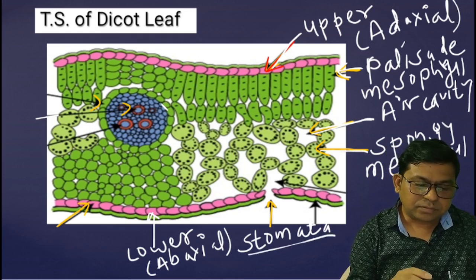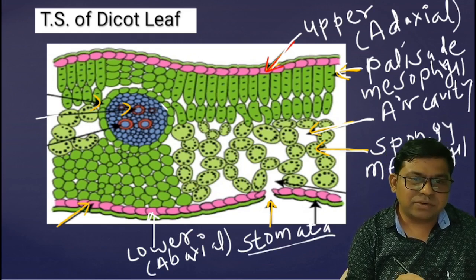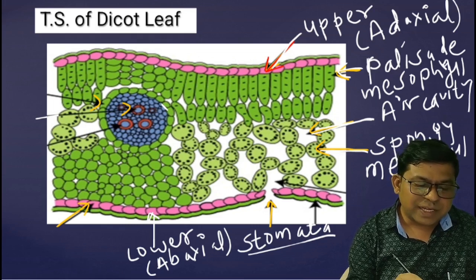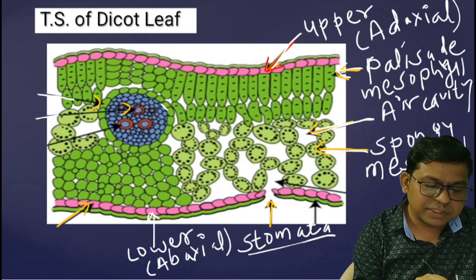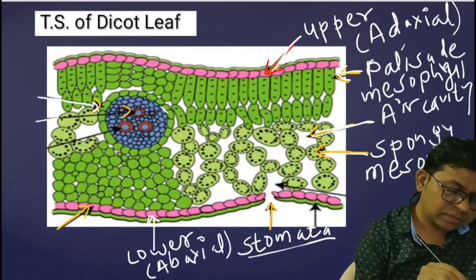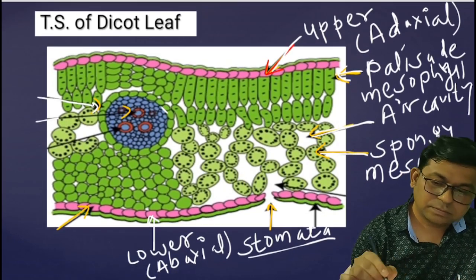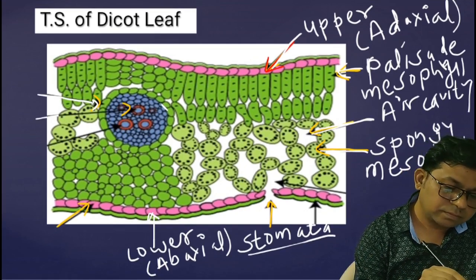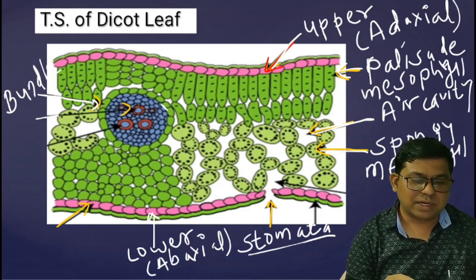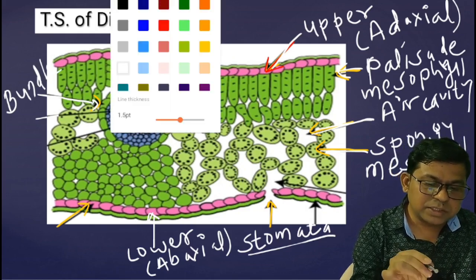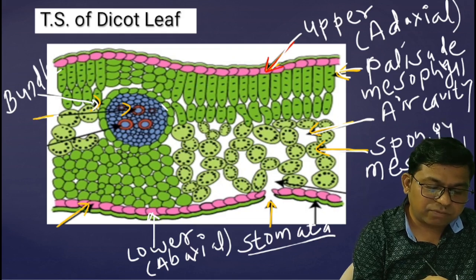And the leaf consists of vascular bundles, and these vascular bundles are surrounded by the bundle sheath cells. The bundle sheath cells protect the vascular bundle, and this vascular bundle consists of xylem and phloem elements.